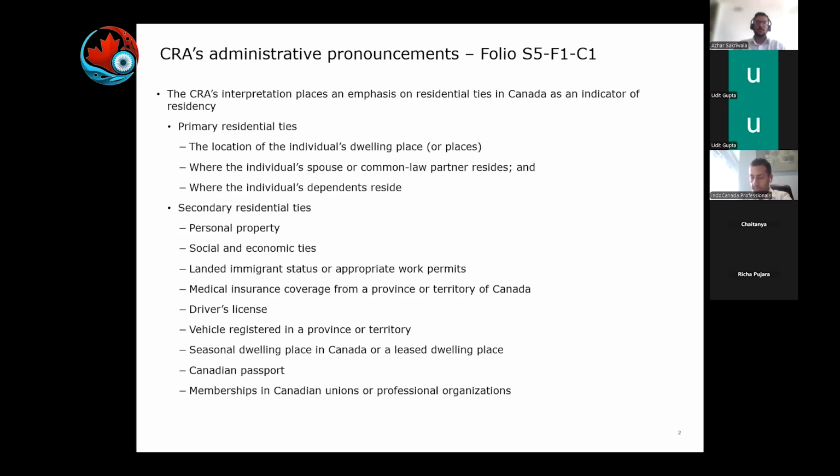Now, coming on to the primary and secondary residential ties which determine your residency. The CRA, which is the Canada Revenue Agency, has prescribed certain guidelines which have to be analyzed to determine whether you become a part-year arriving resident, a full-year resident, or a part-year departing resident. Residential ties are split into primary and secondary ties.